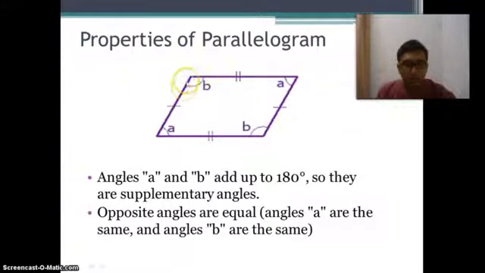The total angle of the parallelogram is 360 degrees. Opposite angles are equal. Angles A are the same and angles B are the same, which means angle A is opposite the angle A over here and they are the same, while B opposite B here are the same.